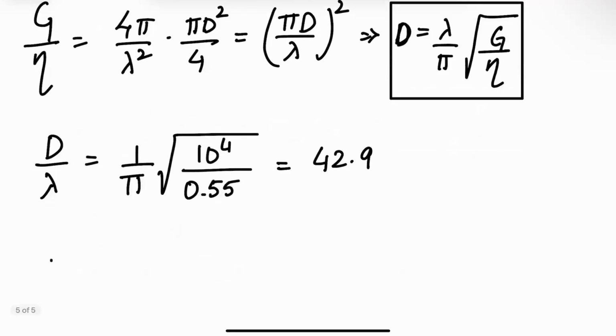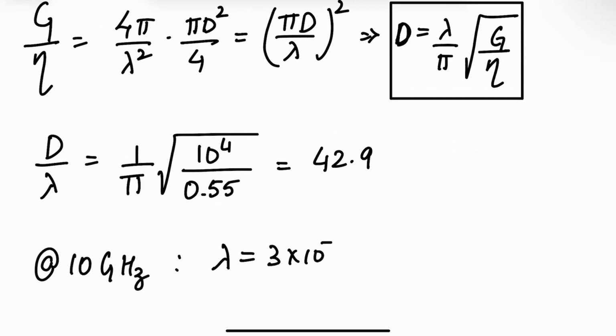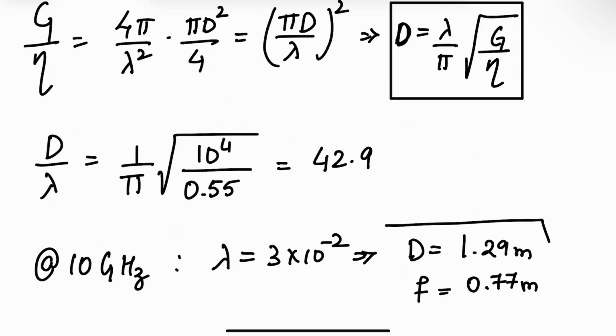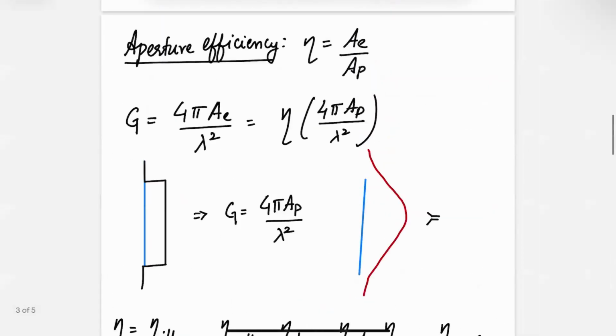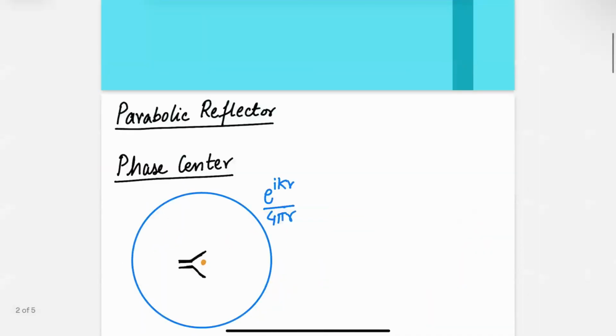Which means that at 10 gigahertz, we have lambda equal to 3 centimeters, and D turns out to be 1.29 meters, and F turns out to be 0.77 meters. Now we have a design example, because we have the dimensions and we also have the equations, which are these up here.